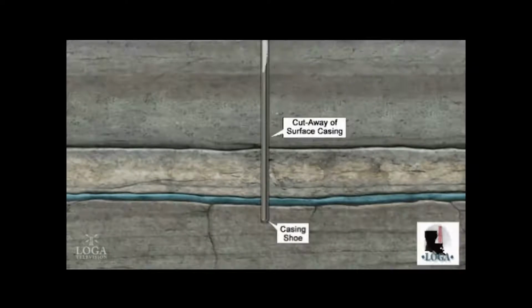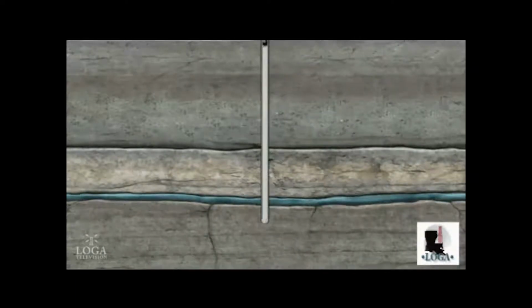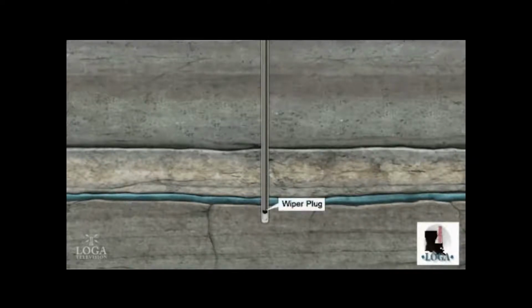Then, cement is pumped down the casing and out through the opening of the shoe at the bottom of the casing. It is then forced up between the casing and the hole, sealing off the wellbore from the fresh water. The cementing process prevents any further contamination of the freshwater aquifers.